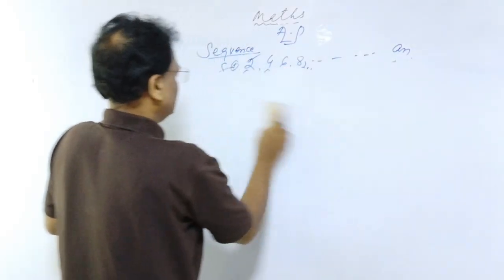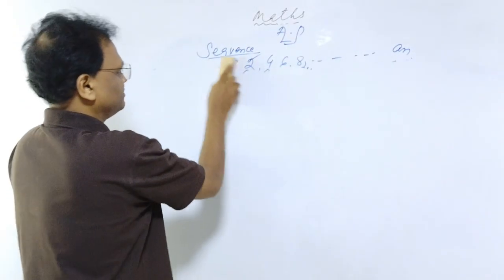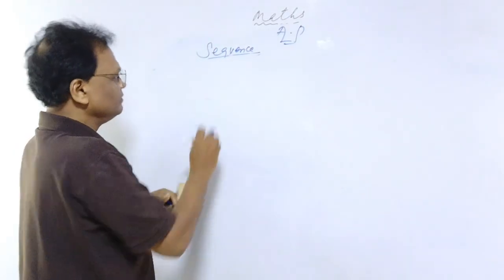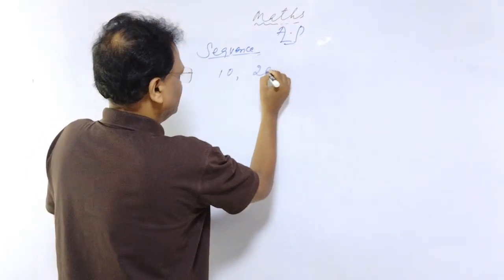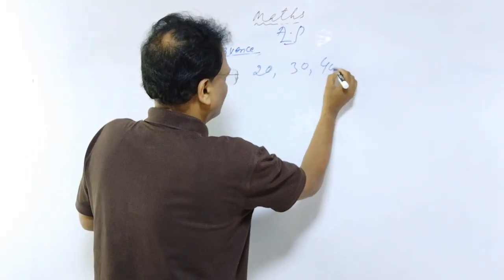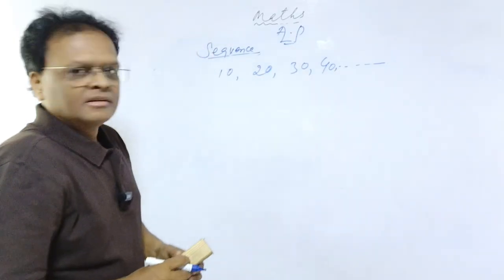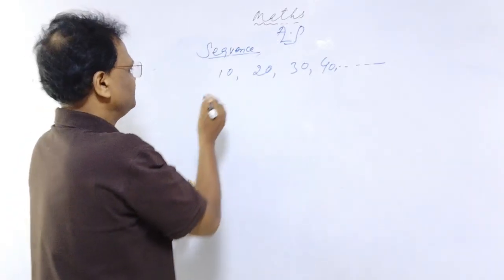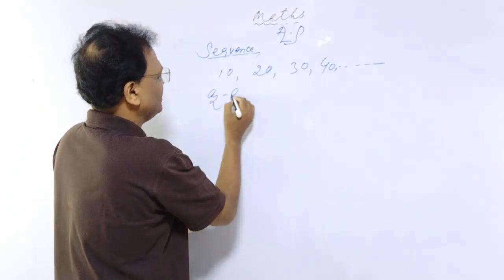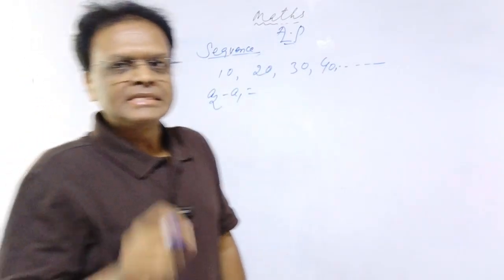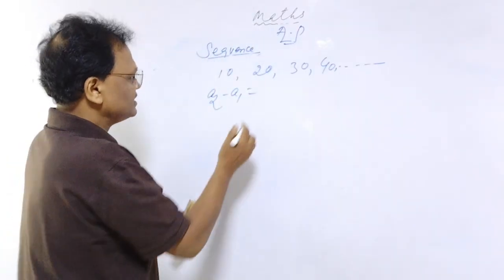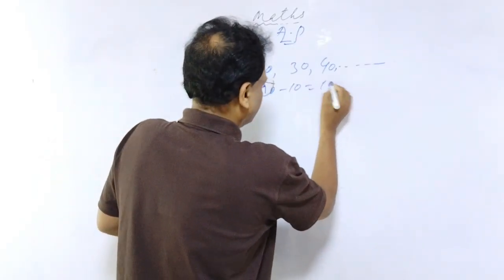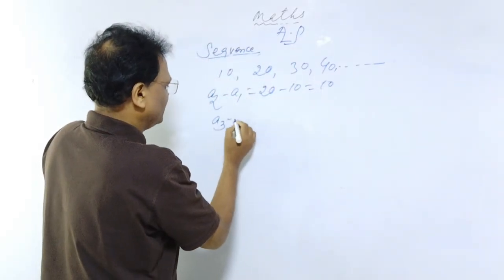Now, let me take one more: 10, 20, 30, 40 and so on. As I told you, this is the first term, second term, third term, fourth term, right? Now, if I find A2 minus A1, means second term minus first term: second term is 20, first term is 10, 20 minus 10 is 10.